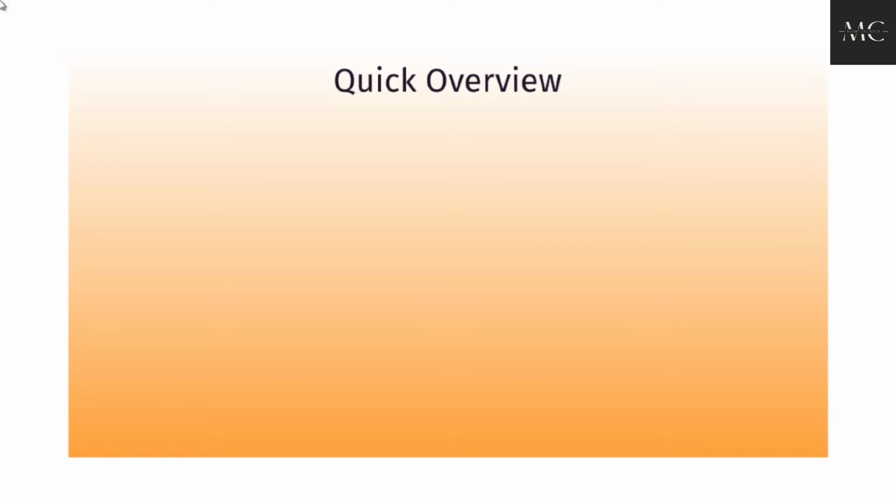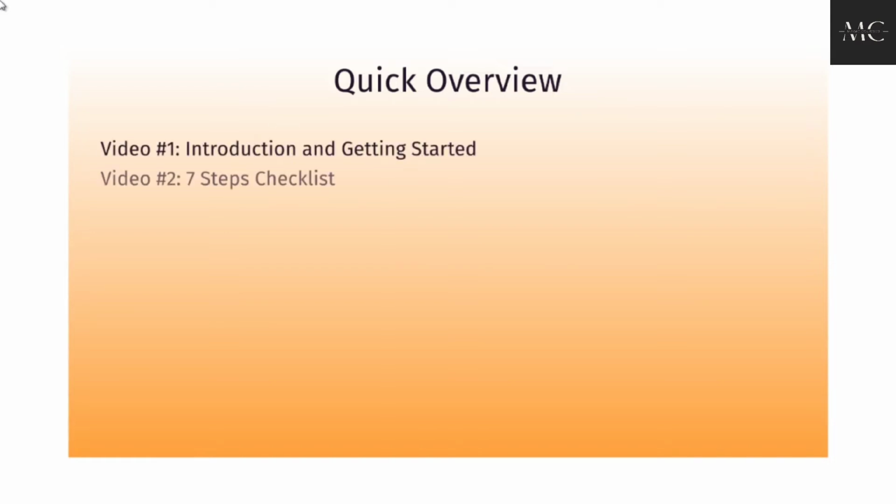Now what I want to do is talk about the video course itself, and give you a quick overview of it. This is video number 1. Video number 2 is the 7 steps checklist. And the premise of videos 3, 4, 5, 6, 7, and 8 is that we're going to dive deeper into those 7.